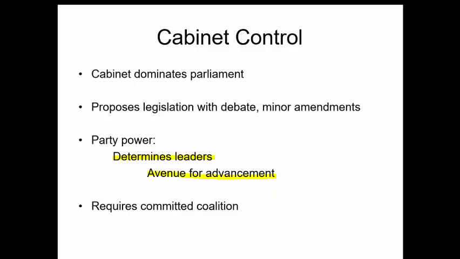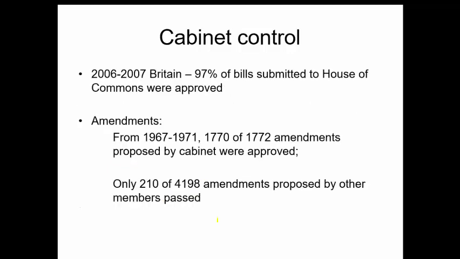And again, if you have a coalition that's running the government, it requires a committed coalition, because as soon as that commitment falls apart, then you have lost confidence in the governing body, and that could result in a major shift, even potentially a new election.